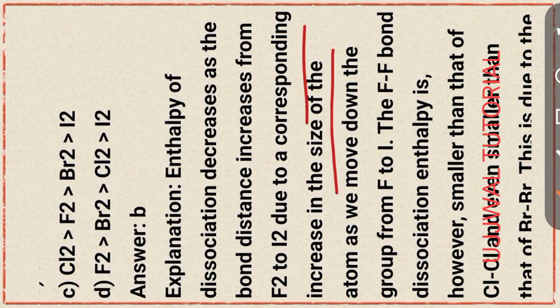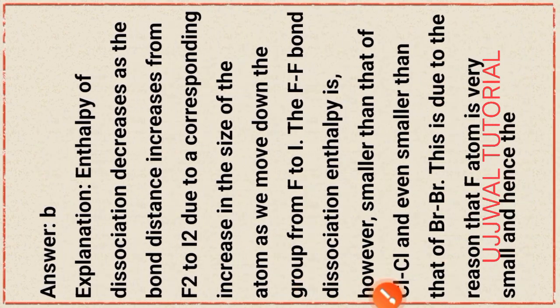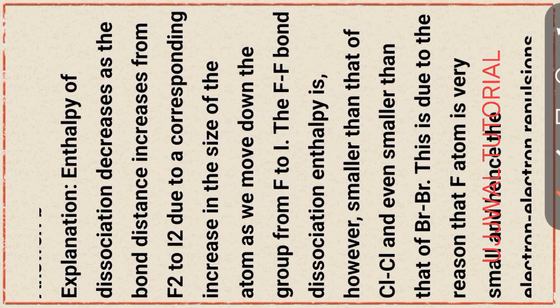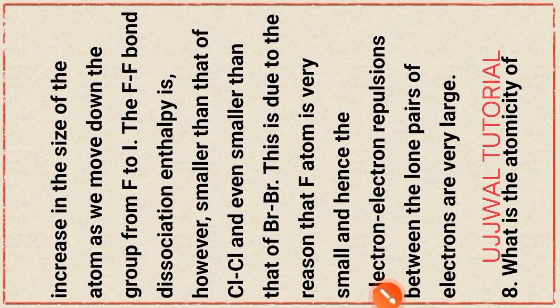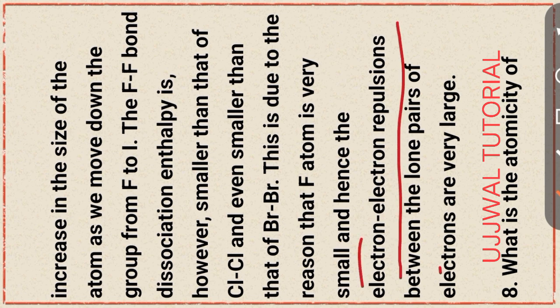However, the fluorine-fluorine bond dissociation enthalpy is smaller than that of chlorine-chlorine and even smaller than that of bromine-bromine. This is because the fluorine atom is very small, hence the electron repulsions between the lone pairs of electrons are very large.